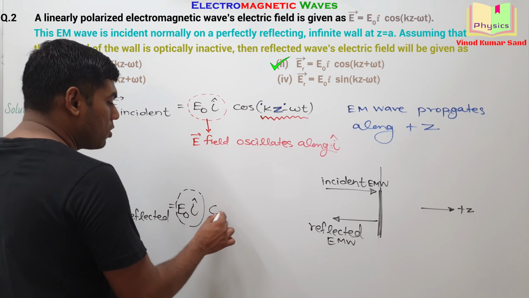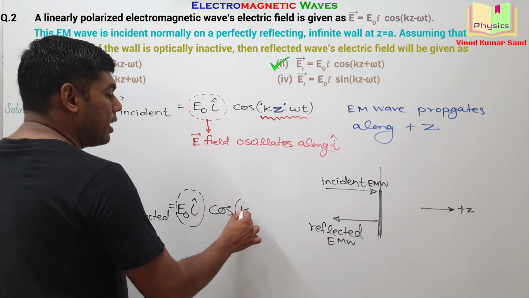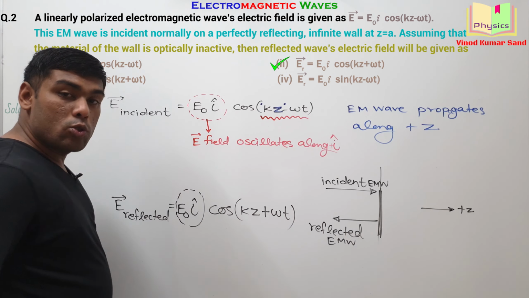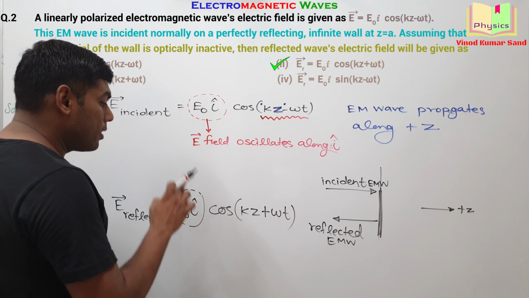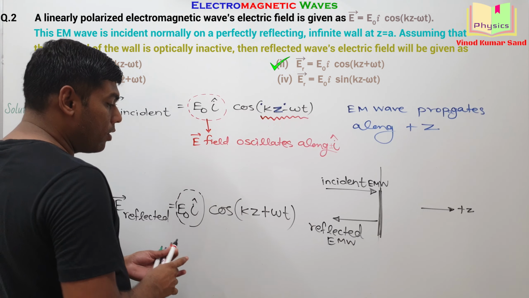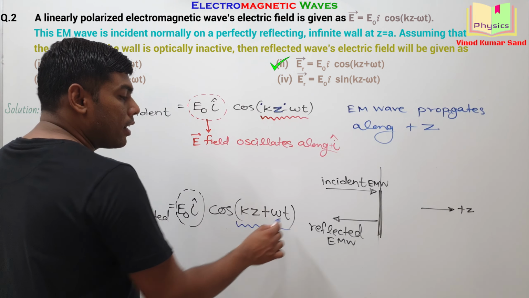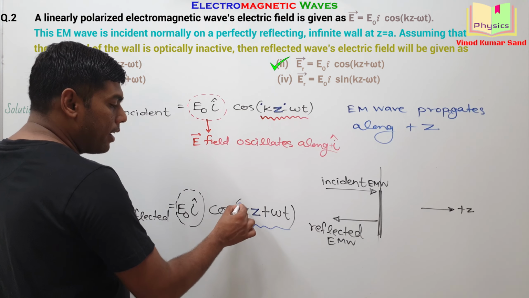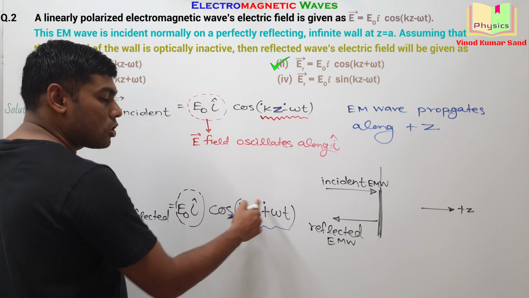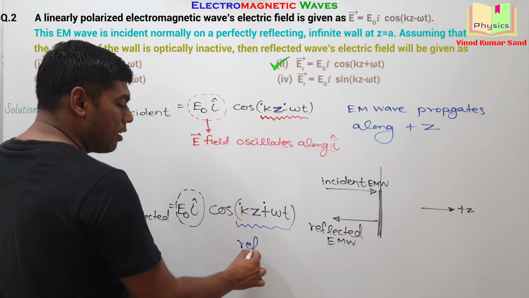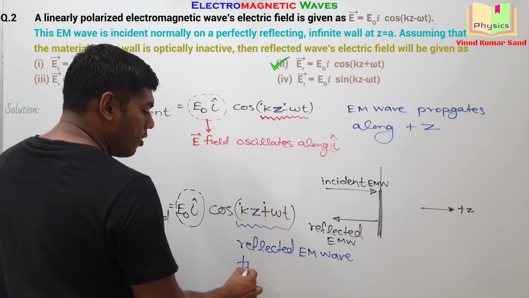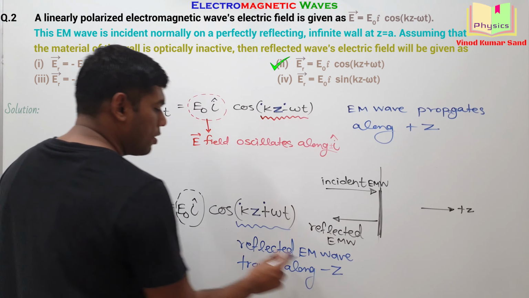Then cos of kz plus omega t. Why so? We know that the reflected EM wave travels along the negative z direction. How will you decide that? Z is present here and both signs here are the same. It means the reflected EM wave travels along minus z. Do you get this?